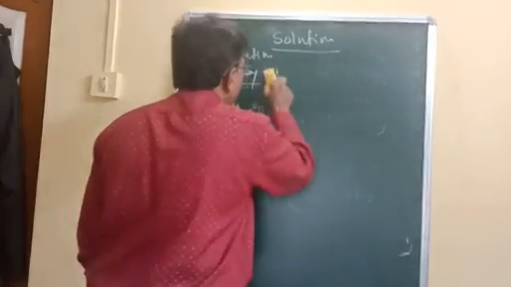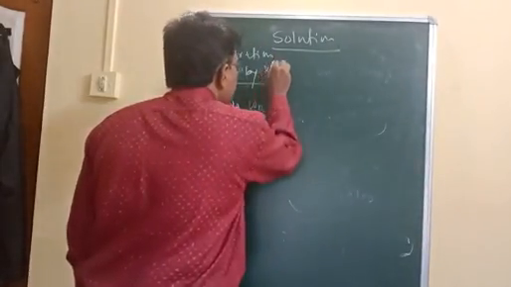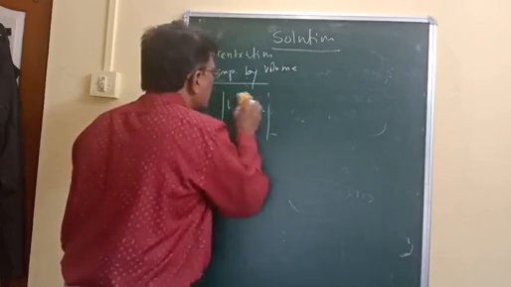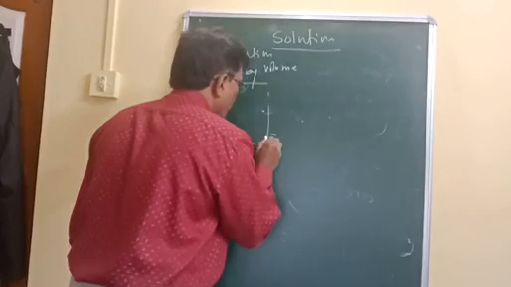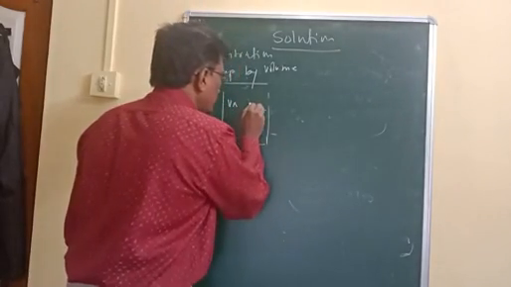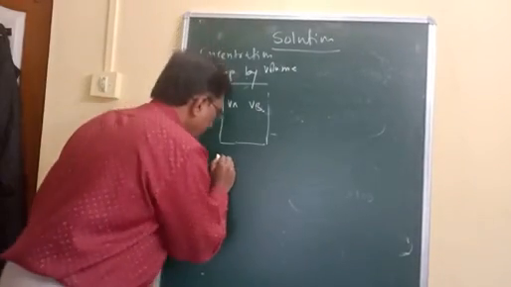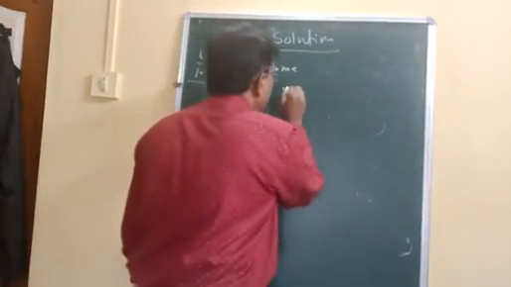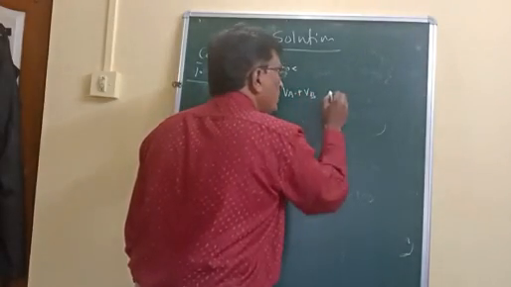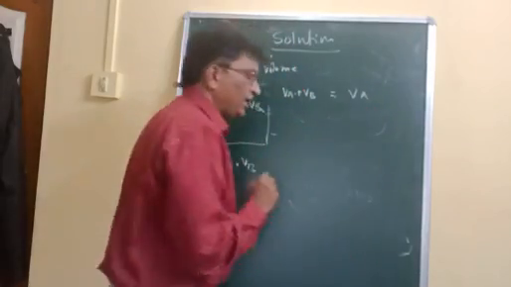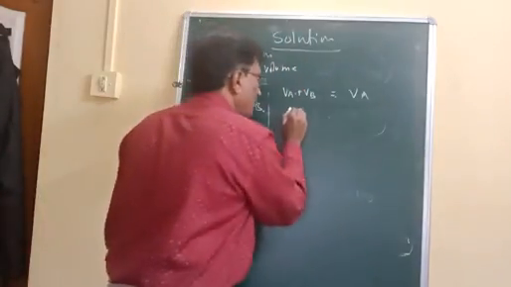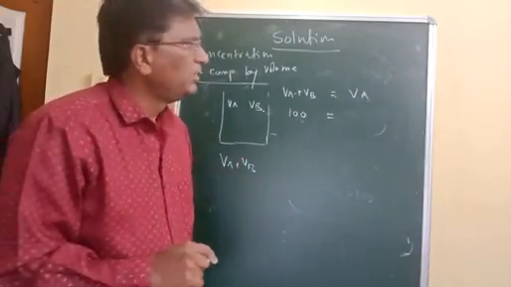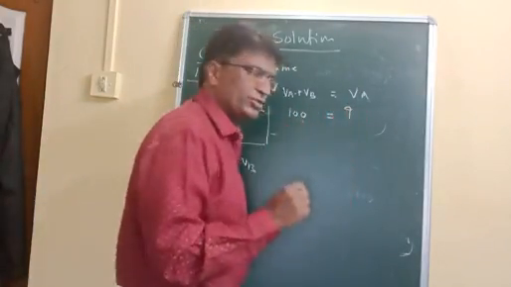Now percentage composition by volume. Suppose the solution is made up of VA volume of A component and VB volume of B component, then the total volume becomes VA plus VB. Now this total volume of solution VA plus VB contains VA volume of A component, then 100 volume, cent means 100, contains how much?